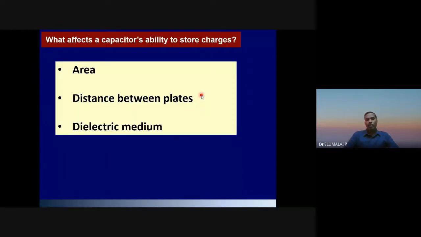You can also manipulate the distance, how closer or how farther. Based on that, you will have the amount of charge that is being stored. You cannot touch the plates, it will short circuit. You cannot keep them too far apart, the electrostatic force of attraction will be very, very weak, and you will have to compromise in such a way that you are able to increase or decrease the capacitance.